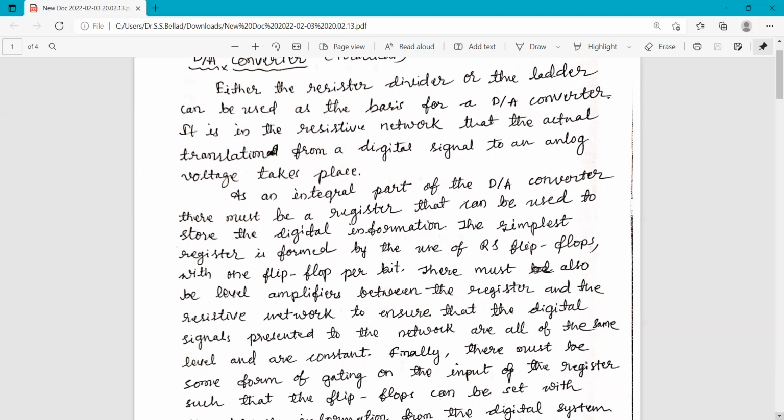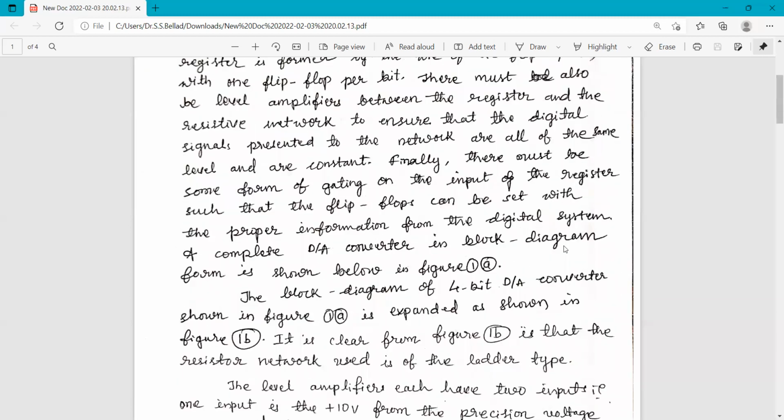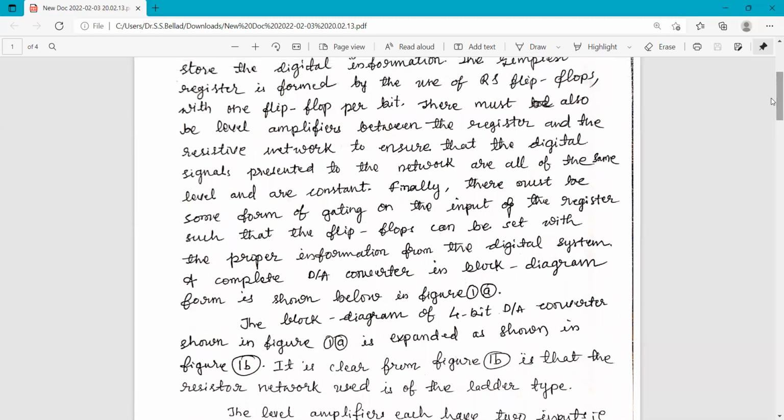These level amplifiers are needed because digital electronics use binary logic, where logic 0 means 0 volt and logic 1 means the applied full voltage.